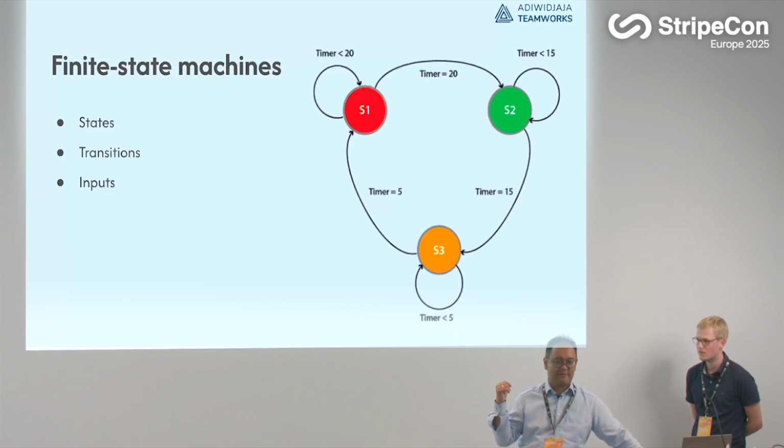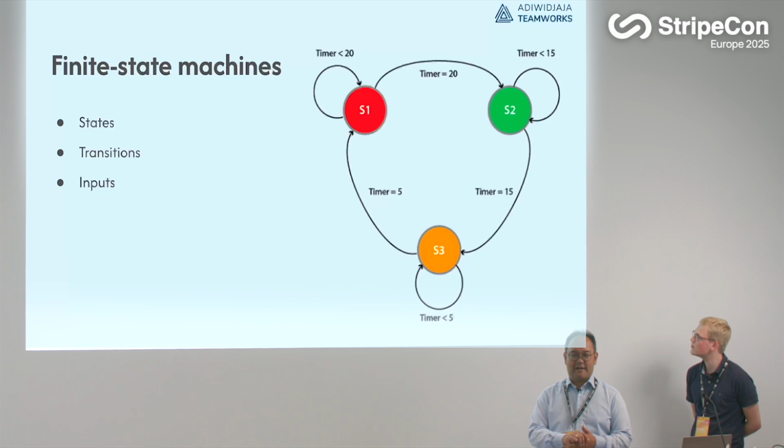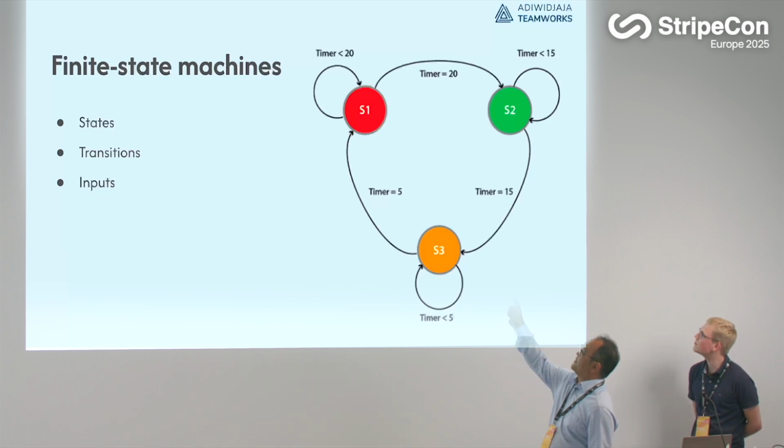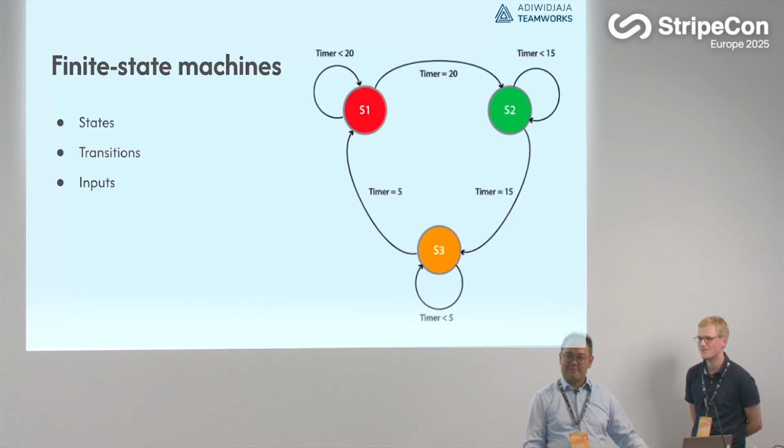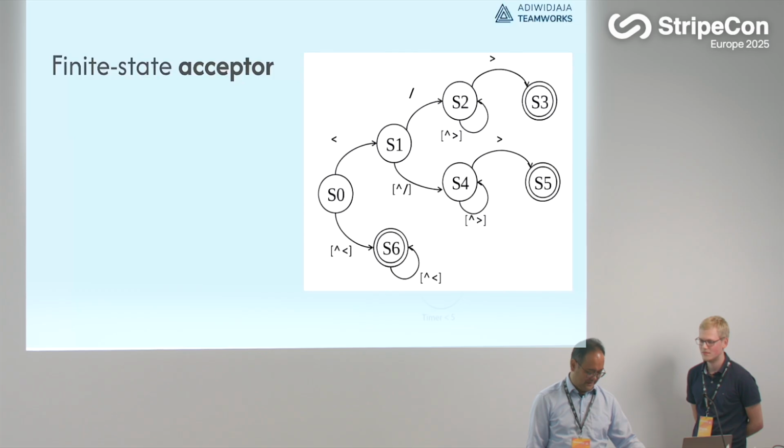In this case, it's only the timer. That's the simplest basic example of a traffic light. It's a strange traffic light because it goes from red directly to green. I don't know where it does so. There are various variations of traffic lights.